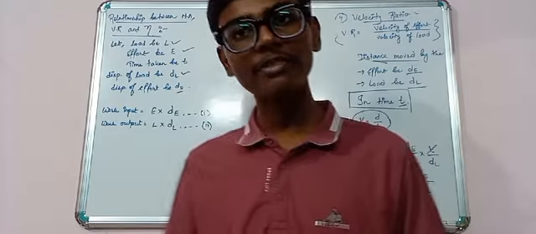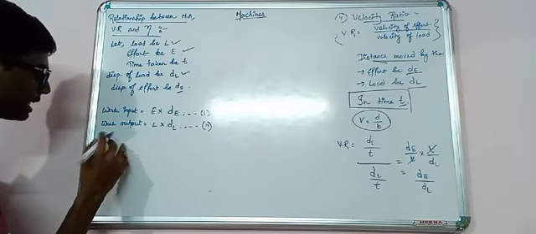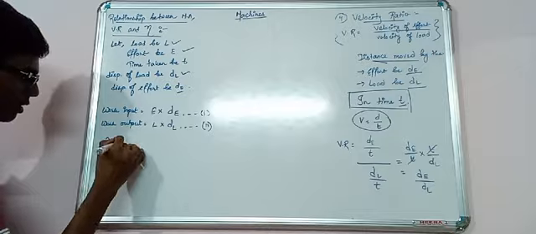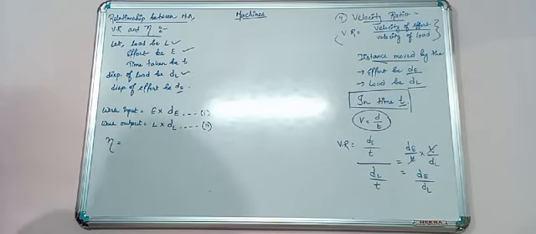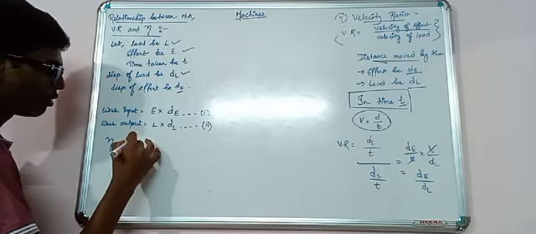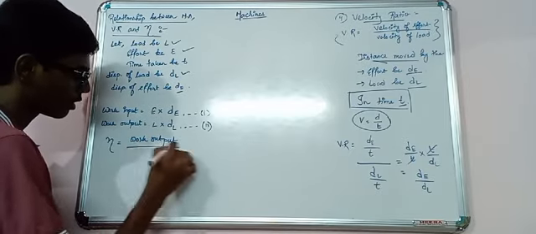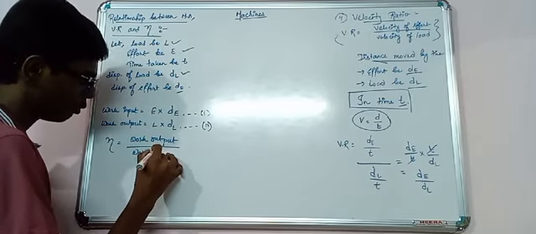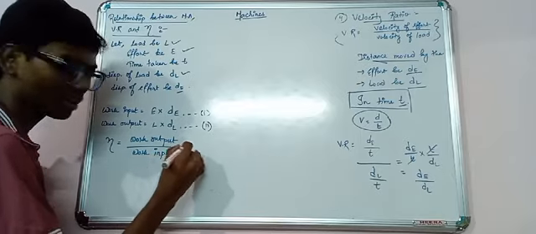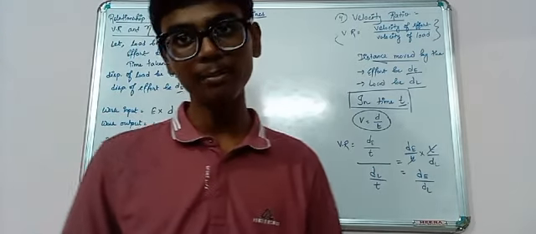Now, what we saw when we were studying eta, that is efficiency. What did we come to know? What is the formula? The formula is work output by work input, right?